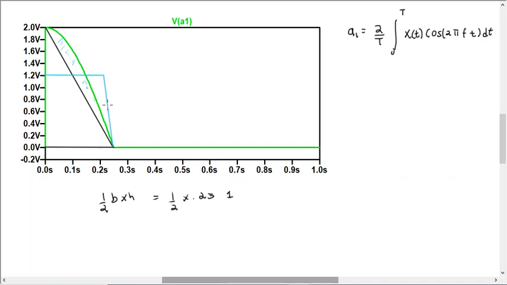By just putting a rectangle, I'm trying to average out whatever error I underestimated.